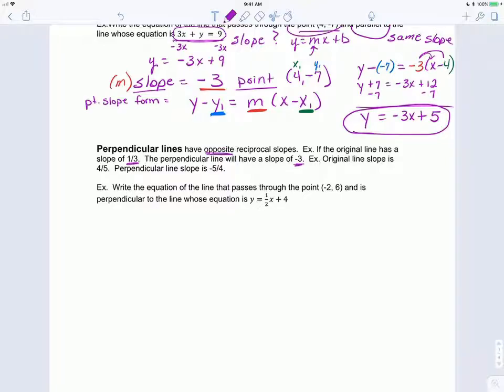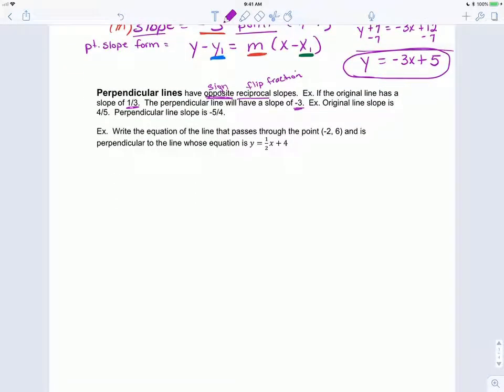So opposite means the sign. If it's positive on one, it's going to be negative on the other. If it's negative on the original line, it'll be positive on the perpendicular line. Reciprocal just means we're going to flip that fraction. And any whole number, remember, is always over 1.